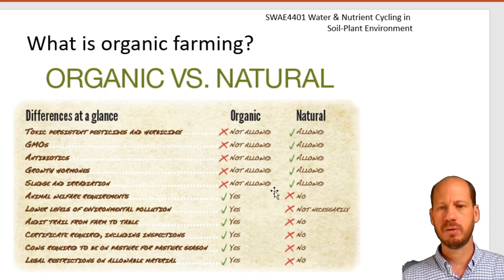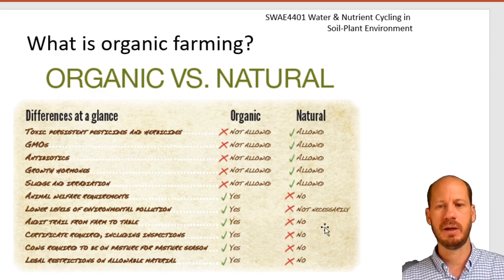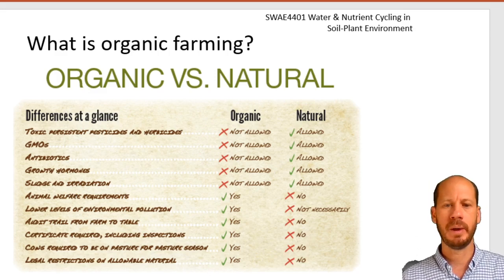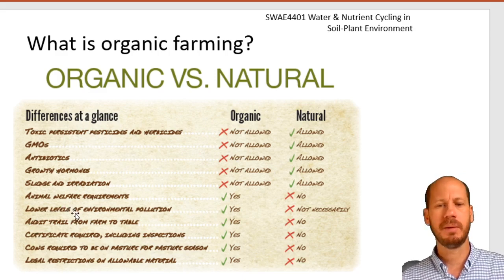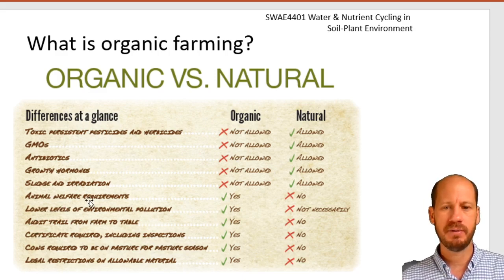Sludge and irradiation are also not allowed. In some other, more sustainable farming systems, you can still use some of these, but in lower amounts and in a more responsible way, and still that will not be an organic system if it does not abide by all the rules.